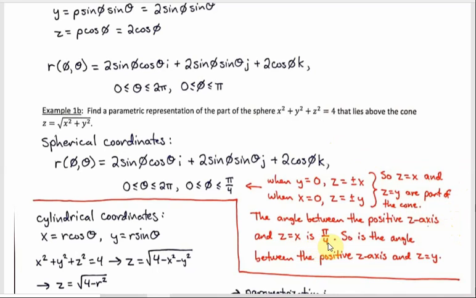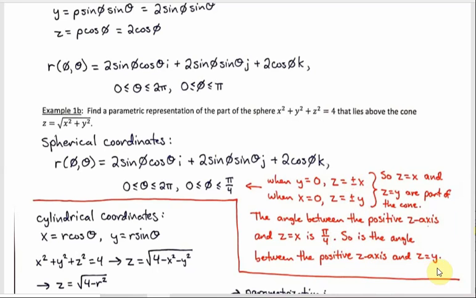And if you drew the xz plane, then for z equals x, it's going to go through the origin, and it's going to be at a 45-degree angle, or an angle of pi over 4. So an angle of pi over 4 with the z-axis and an angle of pi over 4 with the x-axis, I suppose, but we're really concerned with the angle between that and the positive z-axis. So it's pi over 4. It's pi over 4 for all 4 of these.